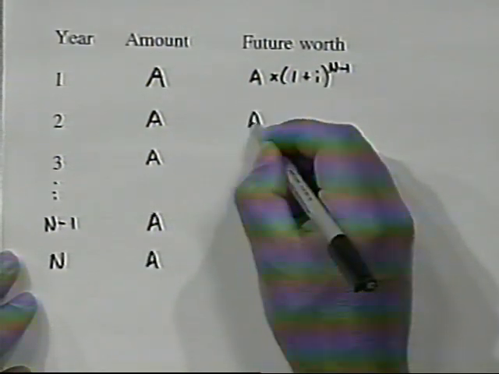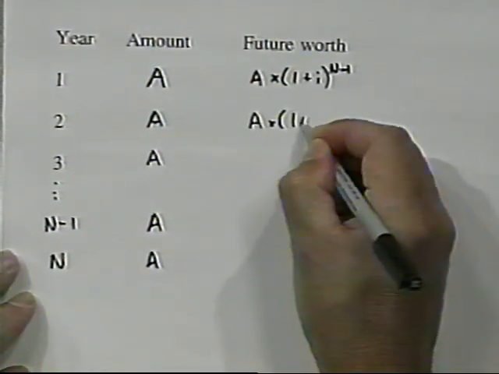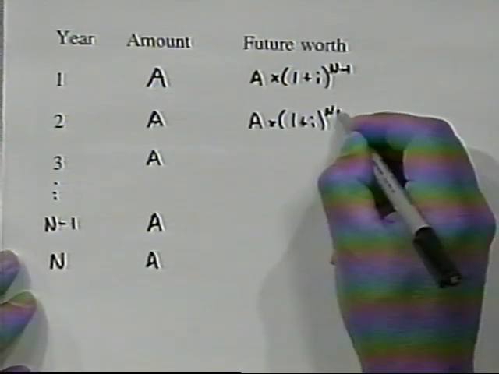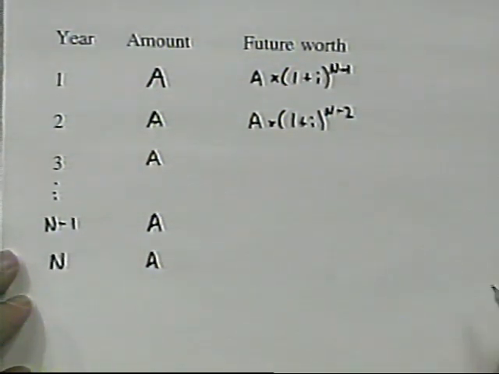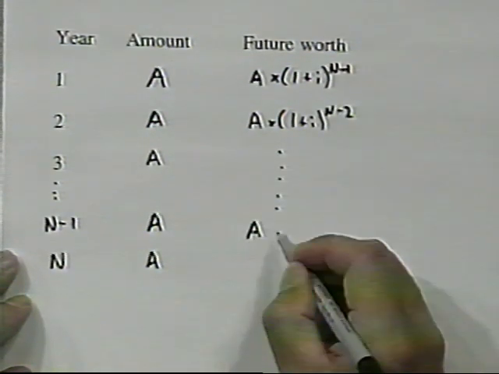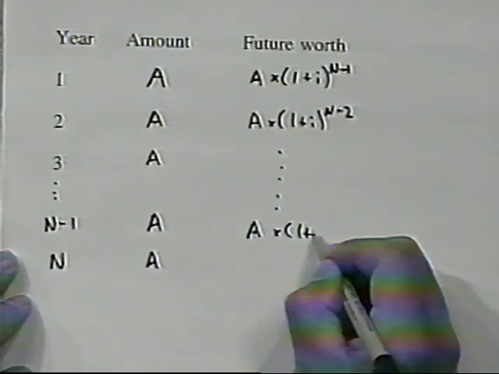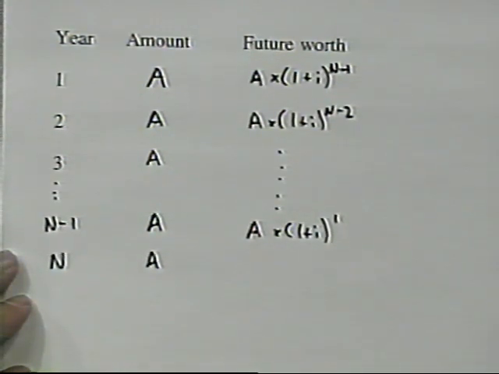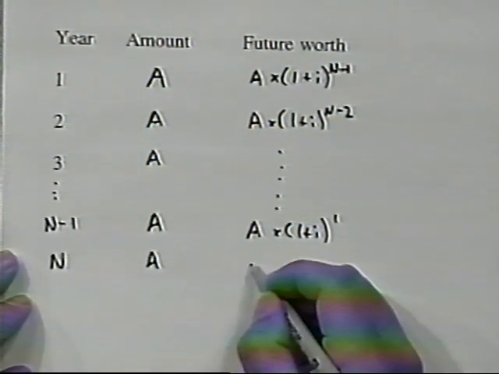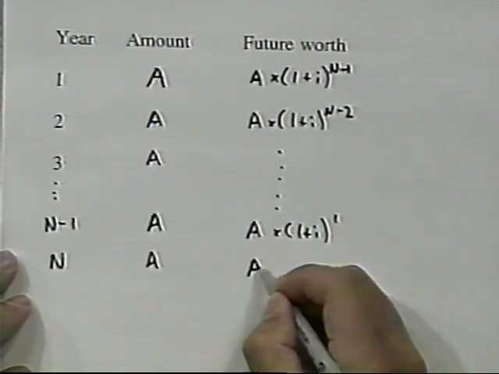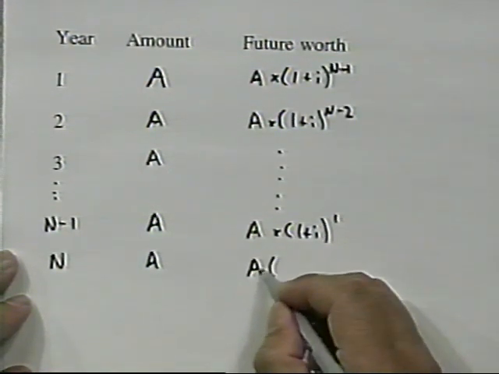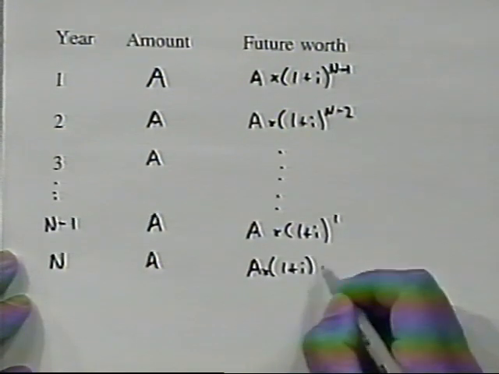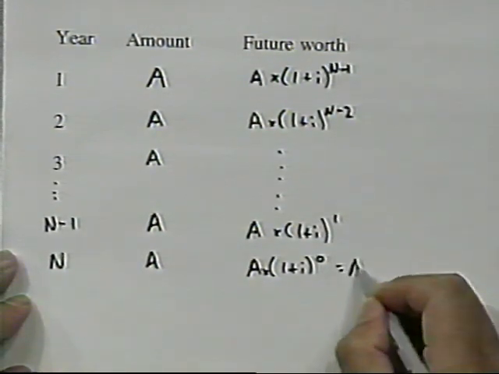For year 2, it'd be 1 plus I to the capital N minus 2, and so forth. Down to here where we have A times 1 plus I to the first power, because there's only 1 year left, and the last year is just A times, if you like, 1 plus I to the 0, which is A.